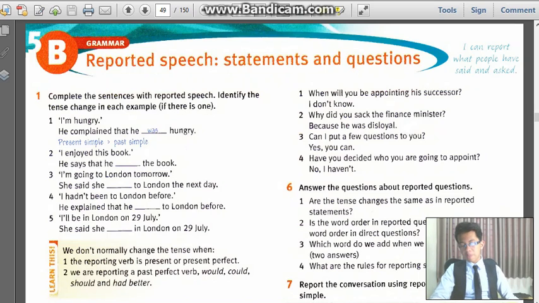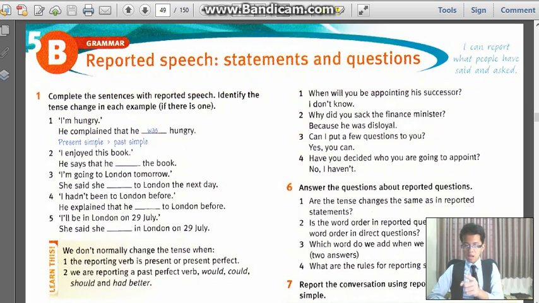Before we do that, let's take a look at the learner's box. We don't normally change the tense when the reporting verb is present or present perfect. So remember, present perfect, present simple, the reporting verb, we don't change the tense.